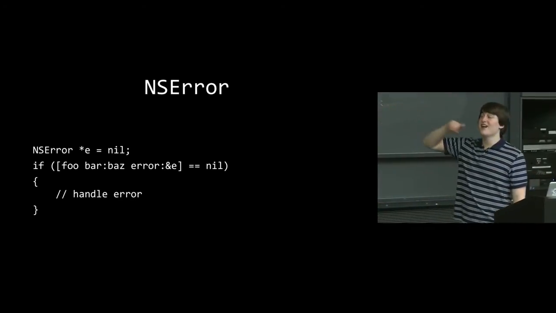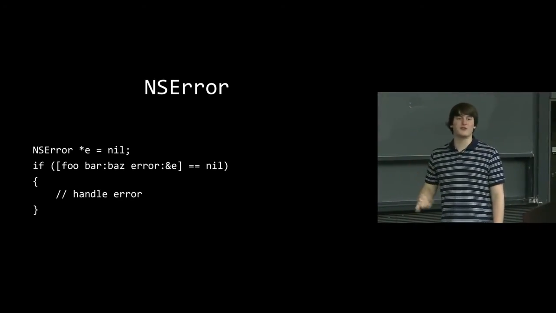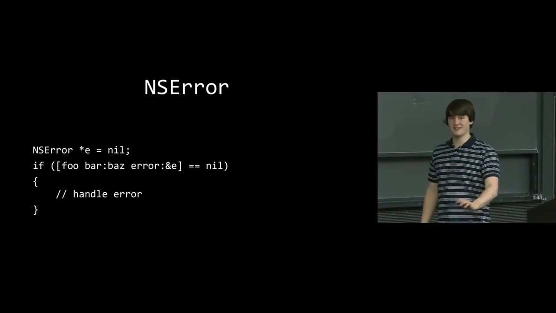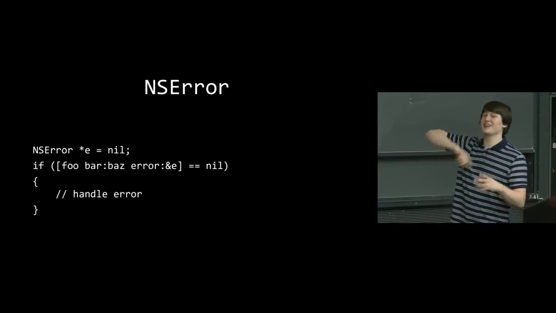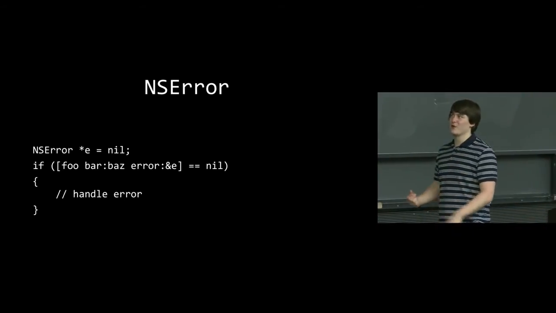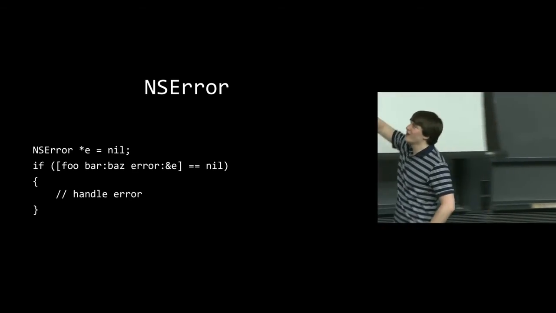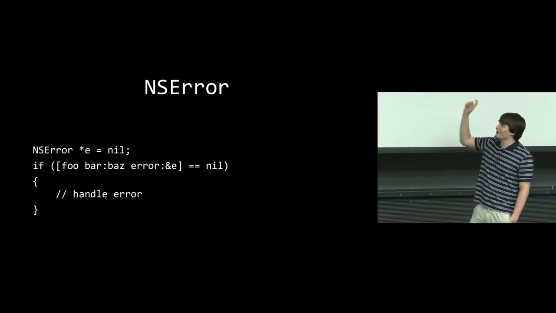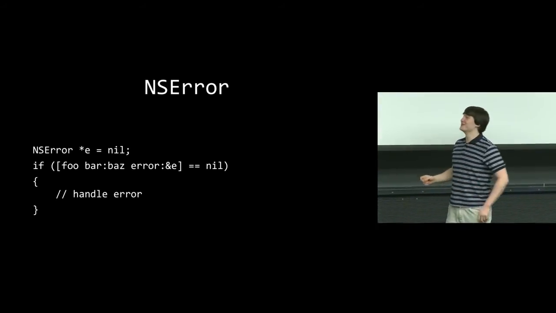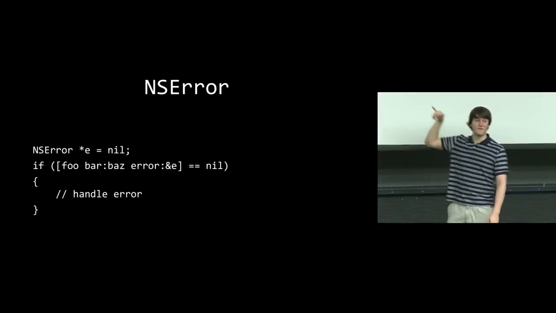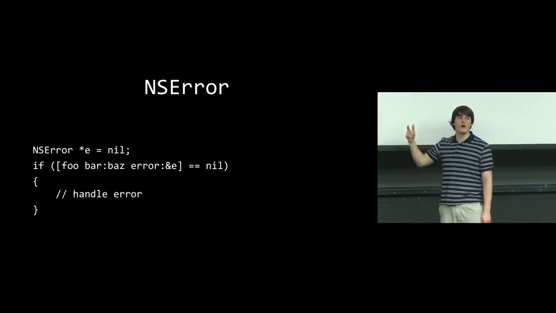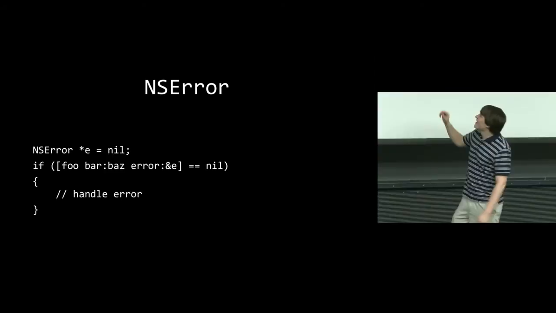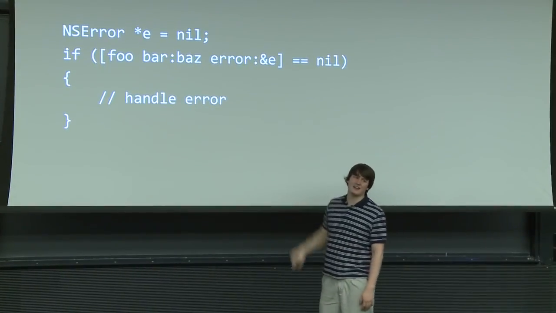So with this sort of syntax, this is one of the rare scenarios where you are going to be using the ampersand still. Again, we're never dereferencing an object, but we are passing the address of an object. We are passing the address of this NSError so that if something happens to go wrong when we pass the method bar:error: to foo, then foo will instantiate an NSError object and set e to be that NSError object.